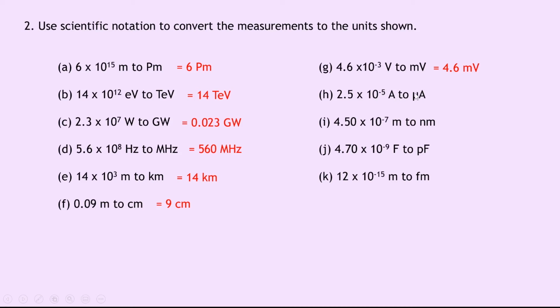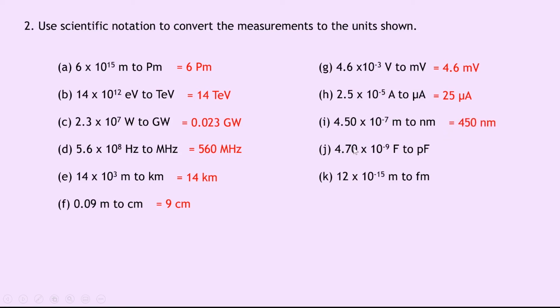Remember micro is times 10 to the minus 6, so if we want this in the form of times 10 to the minus 6, then we need to move our decimal point 1 place to the right, and we get 25 microamps. Part I, 4.50 times 10 to the minus 7 meters to nanometers. Remember nano is times 10 to the minus 9, so if I want this in the form of minus 9, I need to move my decimal point 2 places to the right, and I get 450 nanometers.